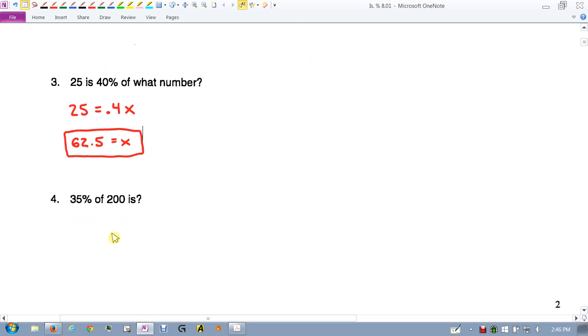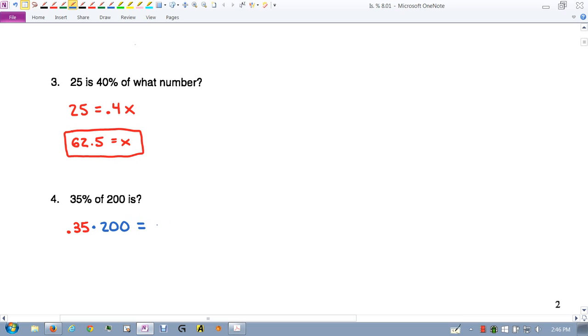What about this one? You set that one up. 0.35, what? Of is times 200, is equals, and that's what we want to know, right?